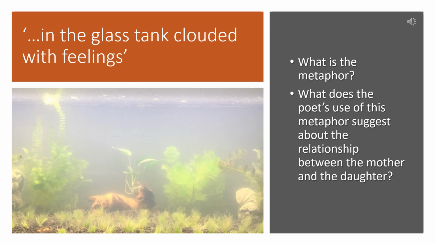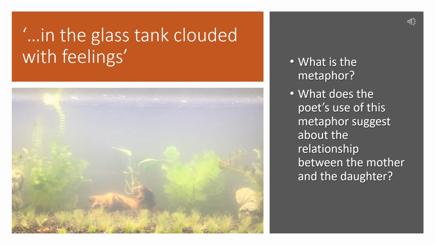Now, in order to understand what this might suggest about the speaker's feelings about her relationship with her daughter, you need to understand a little bit about what a glass tank is and think about what it might be like to be in a glass tank, and what your relationship perhaps would be with the person who is in the glass tank with you and with people looking in from the outside.